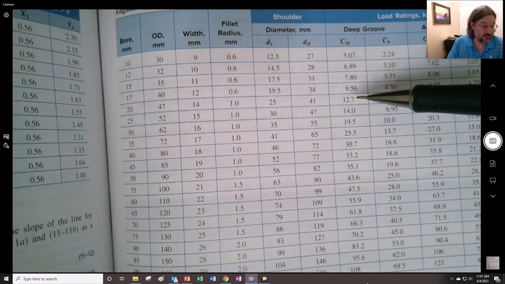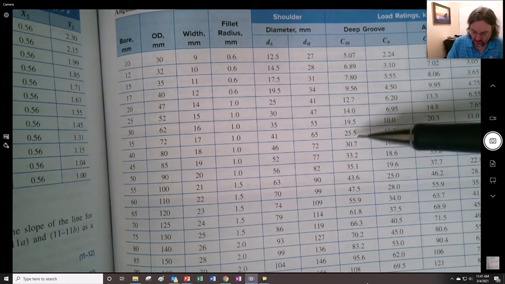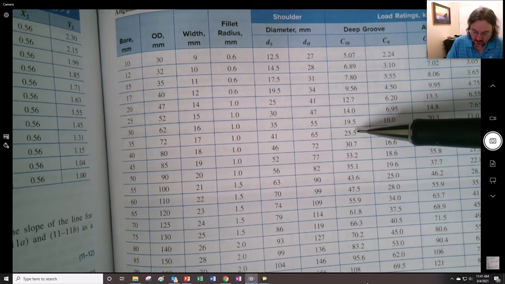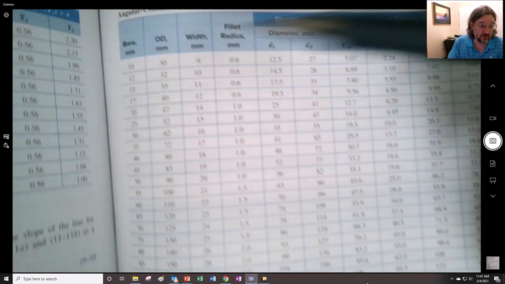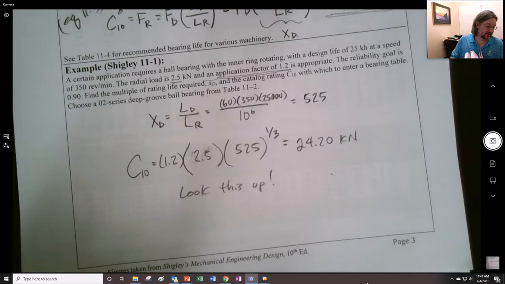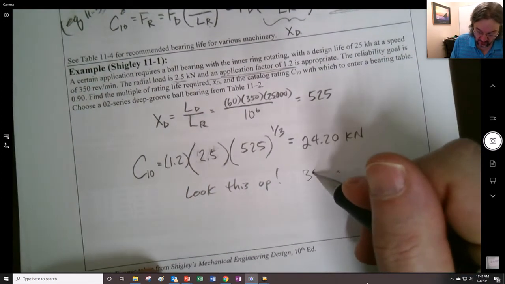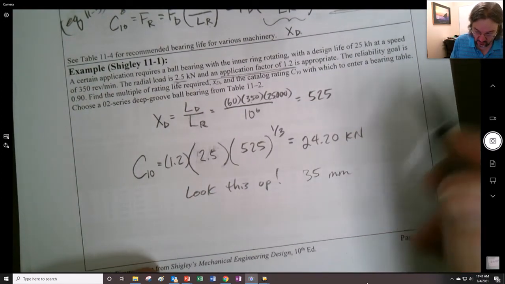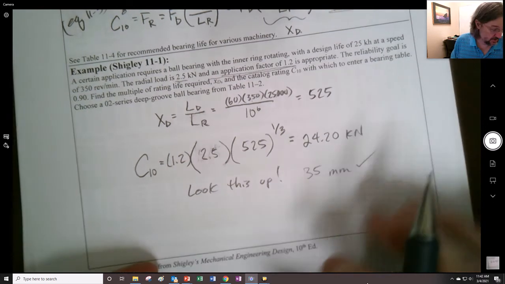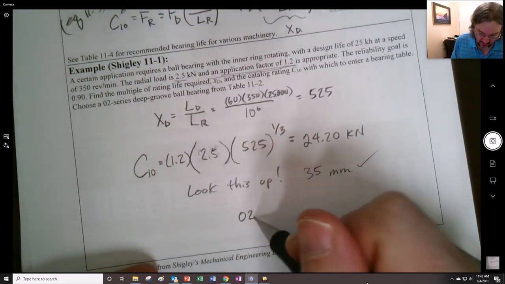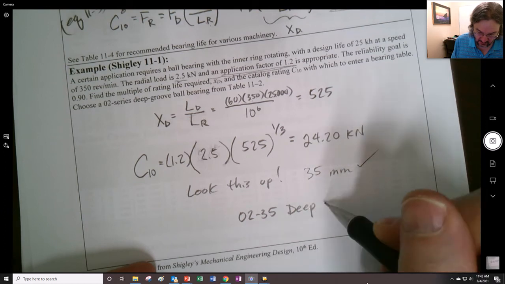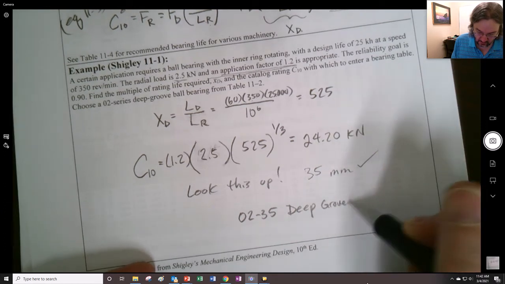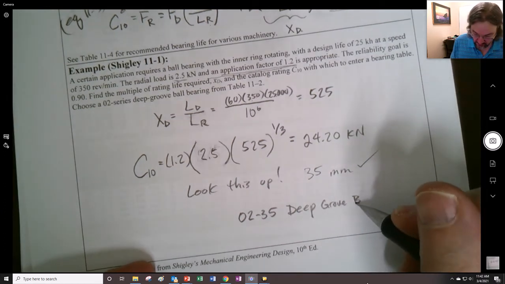We come down to our 24.2 and see, look at this, this can handle 25.5. We look over here, and that's a 35 millimeter bore. So 35 millimeter works. We specify it's an 02 35 deep groove ball bearing.